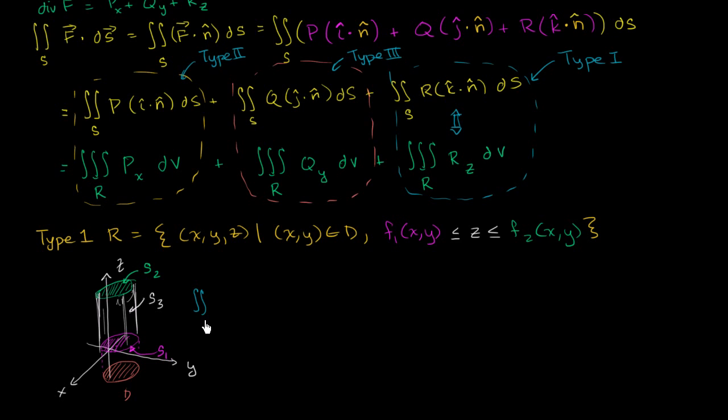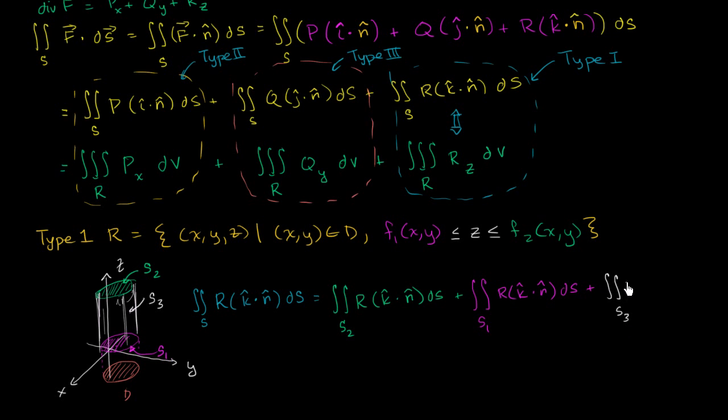So the surface integral of R times k dot n, the dot product of k and n, dS can be rewritten as the surface integral over S2 of R times k dot n dS plus the surface integral over S1 of R times k dot n dS plus the surface integral over surface 3 of the same thing, R times k dot n dS.